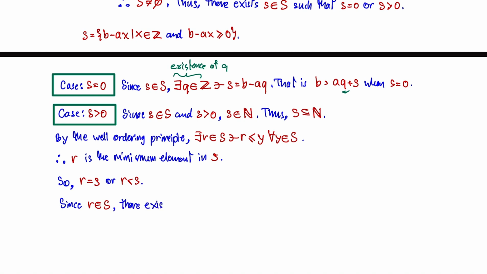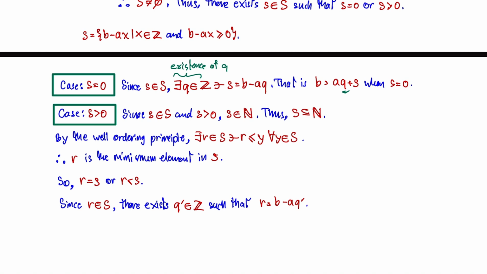We will have another Q, Q prime, which is an integer, such that R equals B minus AQ prime.